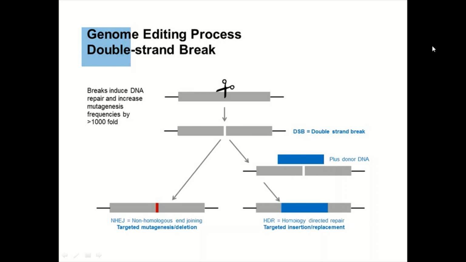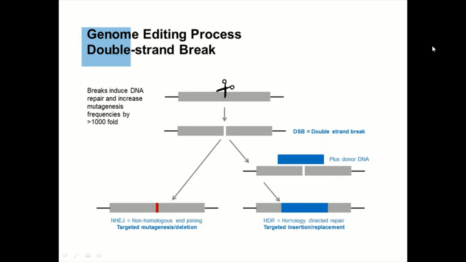A nuclease can cut double-stranded DNA and create a double-stranded break anywhere in the genome, and this can increase mutagenesis frequency by more than 1000-fold. There are two types of repair process that can occur after a double-stranded break. Without homology or an external donor DNA, the broken ends can be rejoined, and this is called non-homologous end joining, or NHEJ.